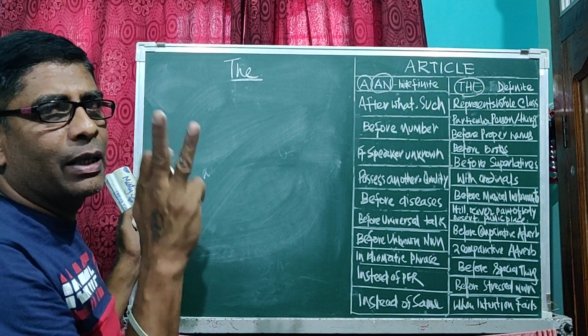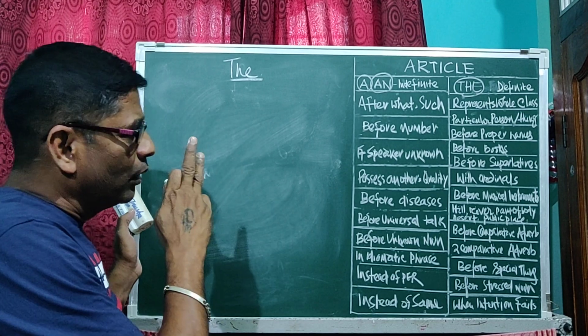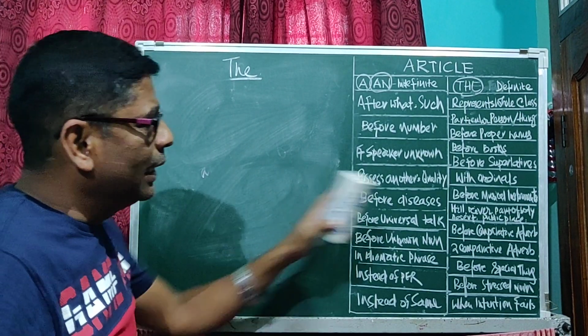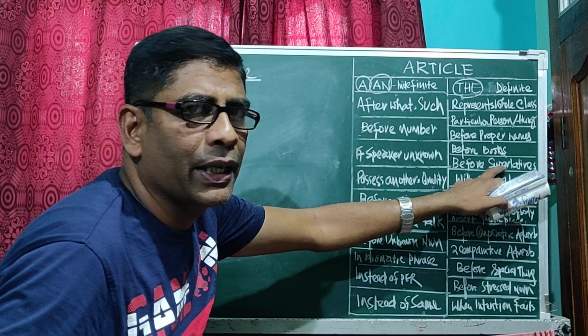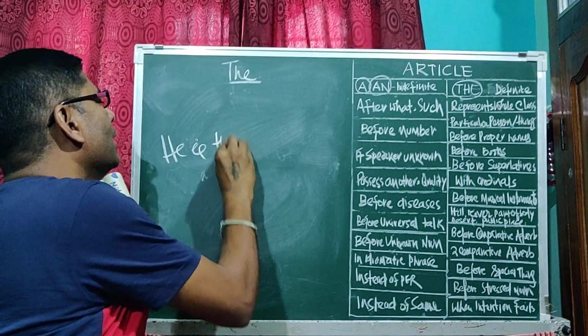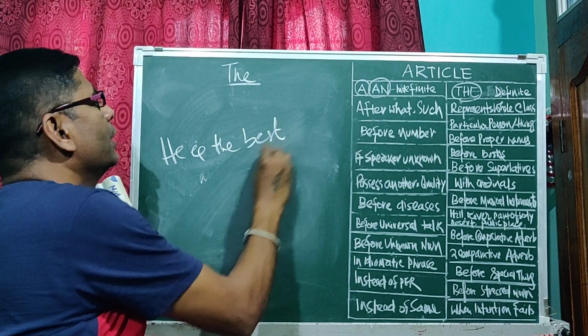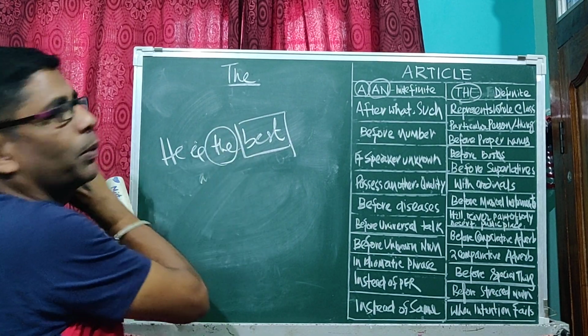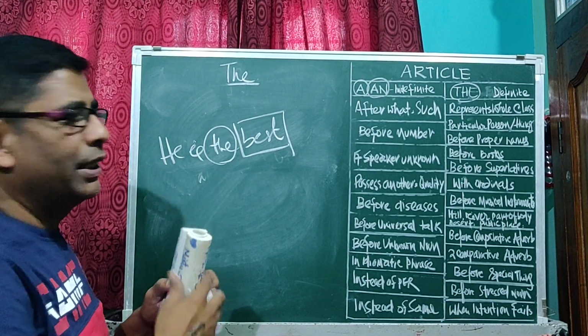There are 3 degrees of adjective: positive, comparative and superlative. Before the superlative degree, he is the best. So we use the article THE.